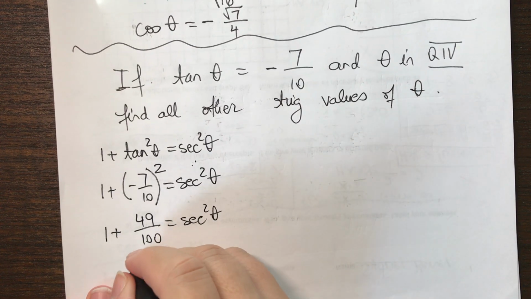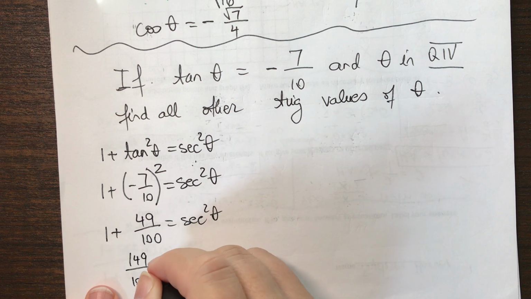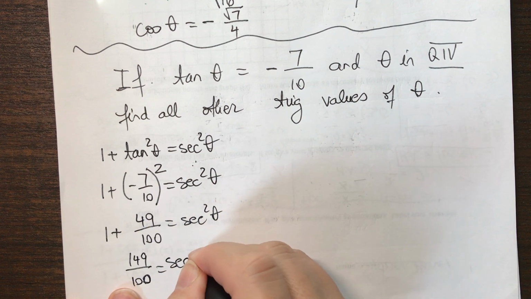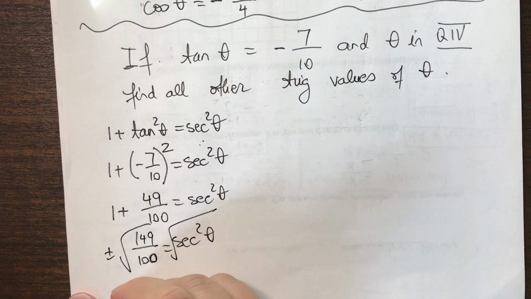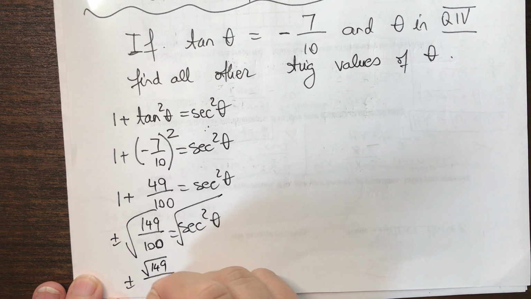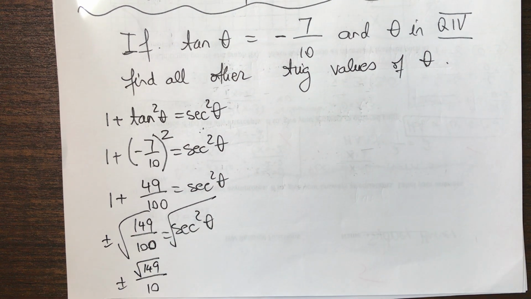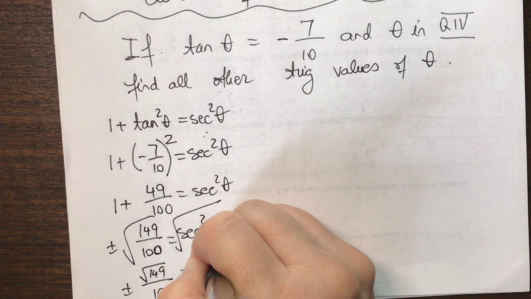So that's 149/100, by the way, right? Add these up, secant squared. Take the square root on both sides. Don't forget to put plus or minus. And I'm going to simplify this and already take out the 100th as a 10. So it's secant of theta. So there I have secant of theta.